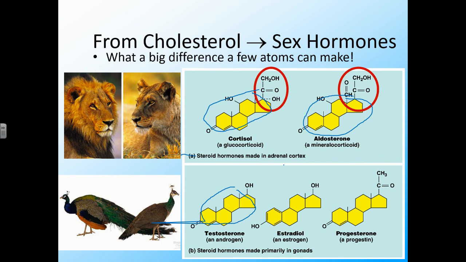When it says it's made in the adrenal cortex, the adrenals are found on top of your kidneys, just an FYI. And then down here for our hormones, testosterone, you can see we have an oxygen as a functional group here. Estrogen has an OH group. And then progesterone, we have a CH3, and then the carbon and oxygen functional group there. So again, we have the same backbone, but different functional groups.